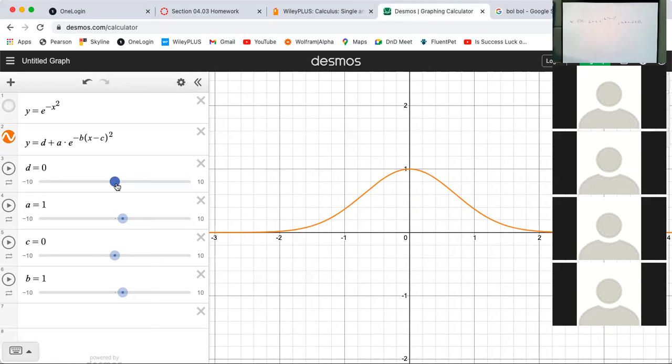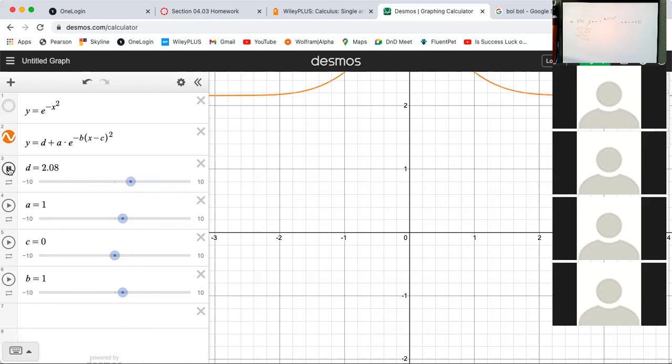So D shifts the graph up and down. Nothing is getting stretched or squished. We're just moving the graph up and down.